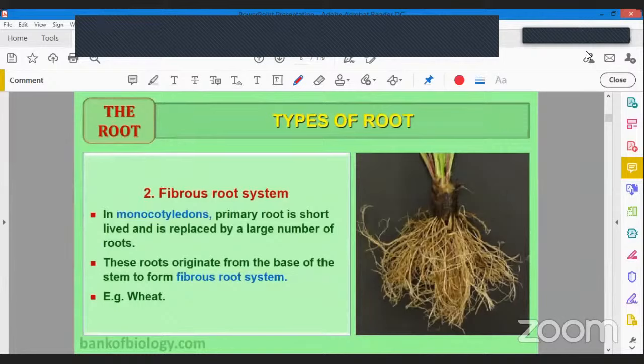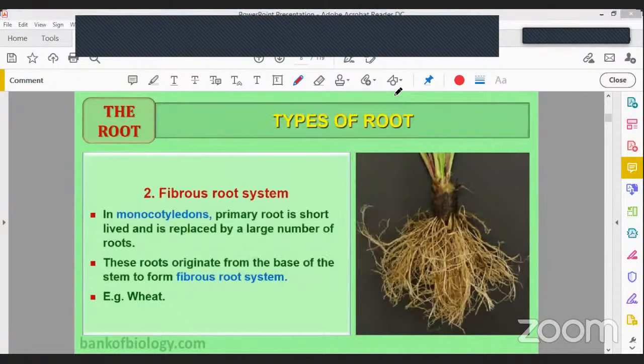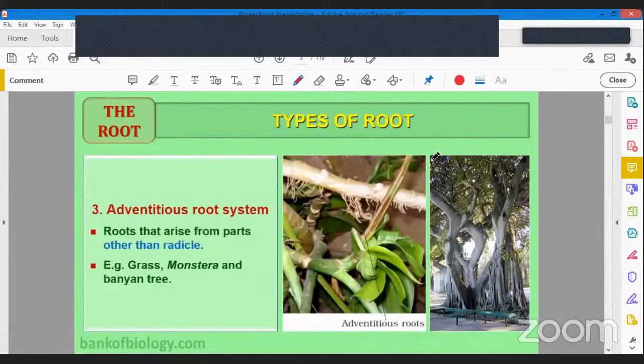Take it down, students. Then adventitious root.